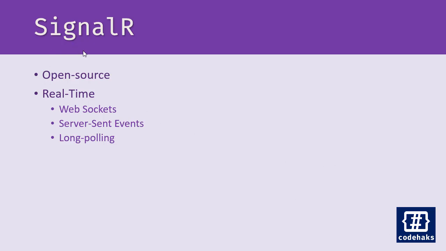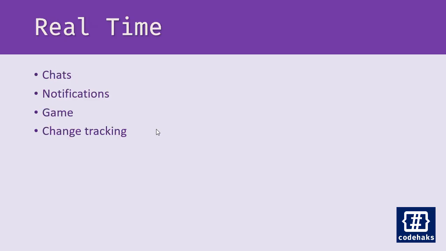The beauty of SignalR is that it manages these connections by itself. You don't have to write any code, and it manages communication in the background by itself, and you can use it for chat applications, notifications, gaming, change tracking, things like that.